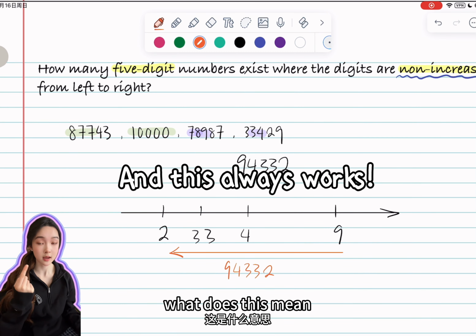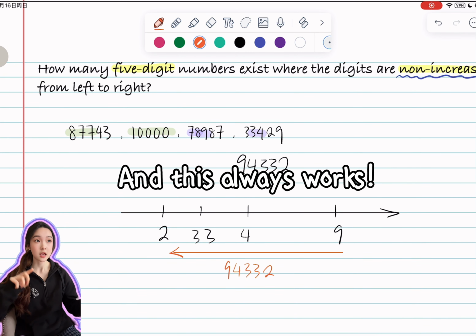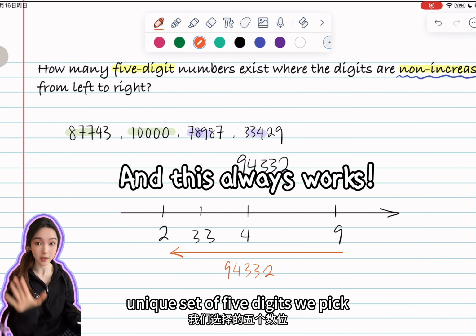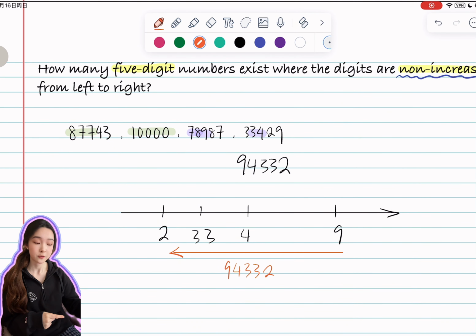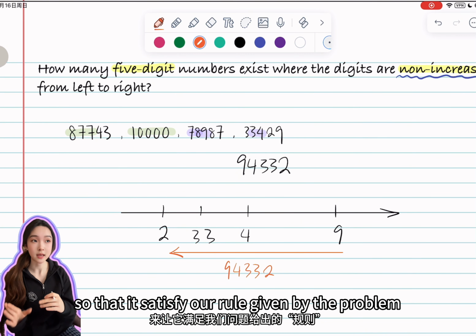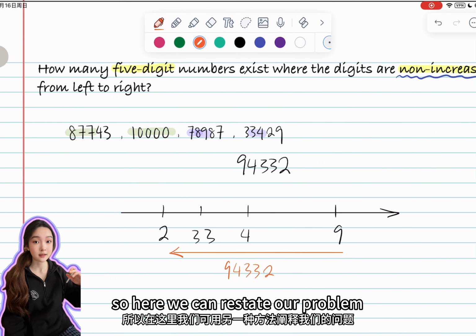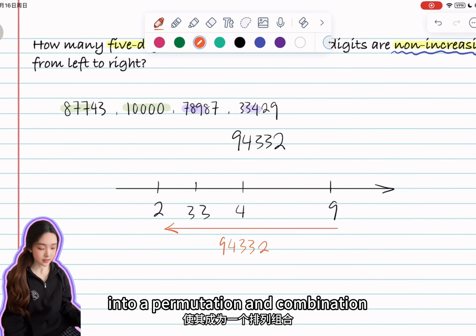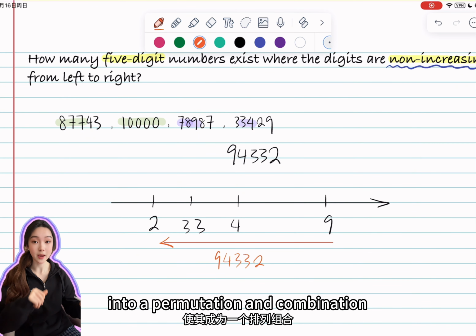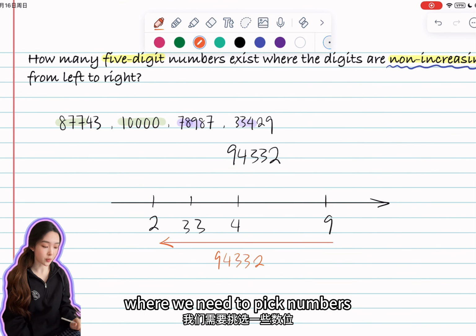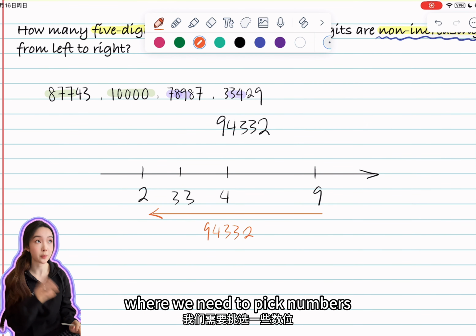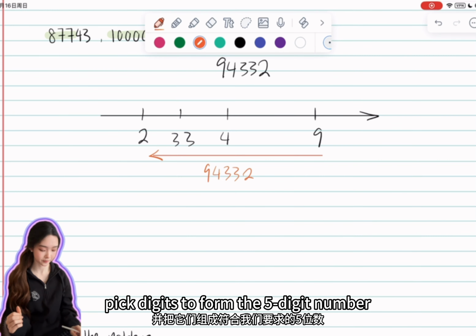What does this mean? It means for any unique set of 5 digits we pick, there's only one pattern we can rearrange it into, from the largest to the smallest, so that it satisfies our rule. Here we can restate our problem as a permutation and combination counting problem where we need to pick digits.